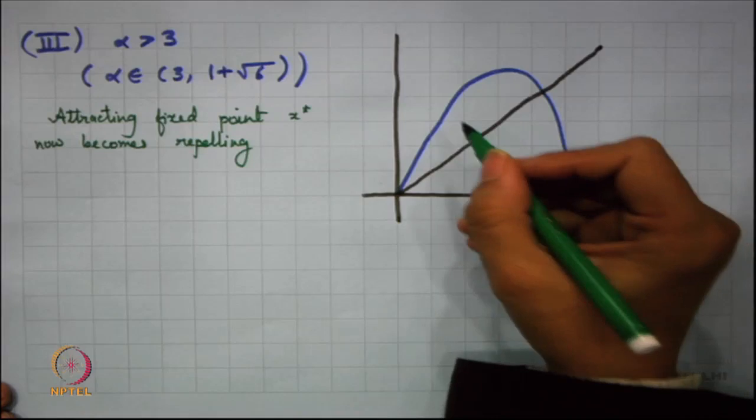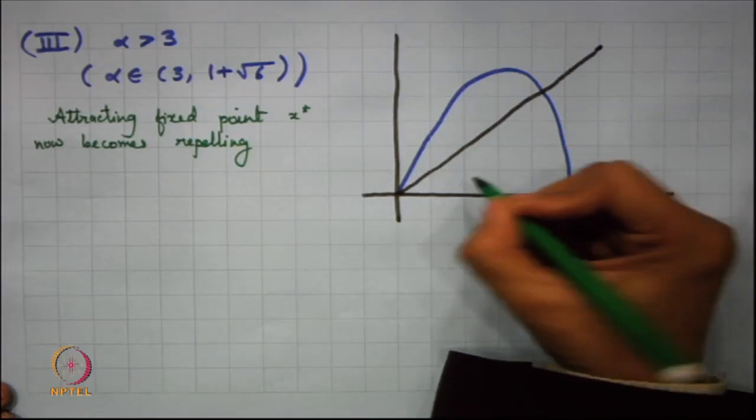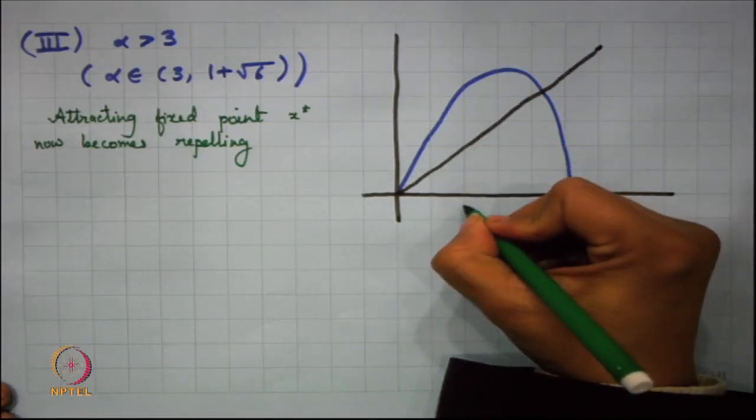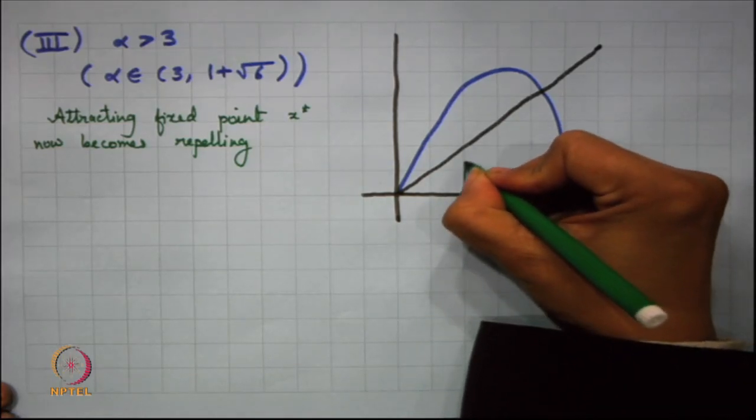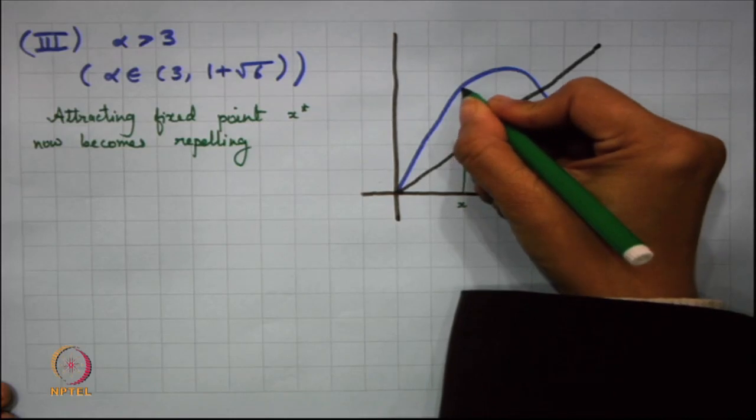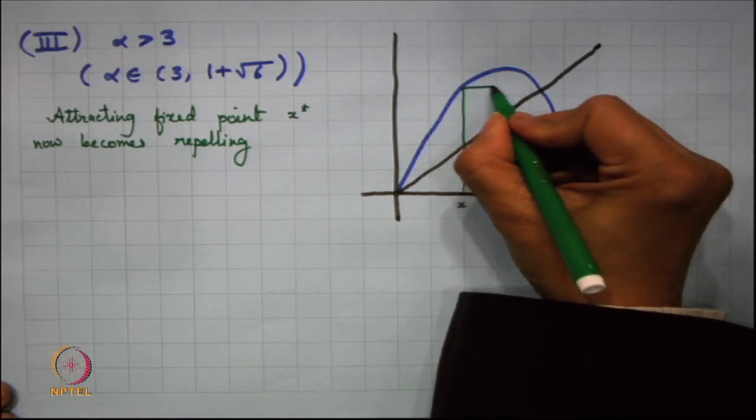But we try to observe some particular orbits over here. Let me take any point x here and look into how its orbit behaves.